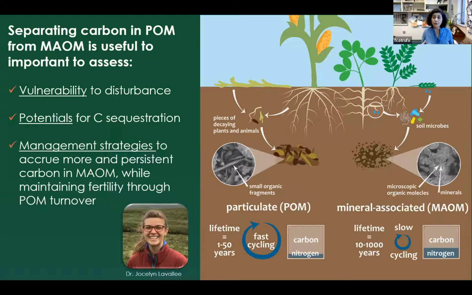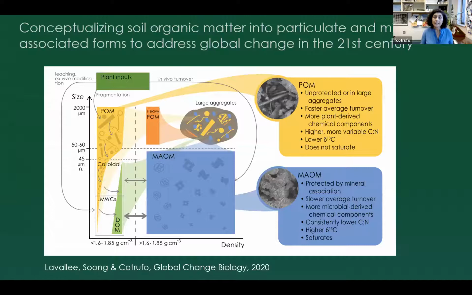While those fractions make sense conceptually, from a quantification standpoint, they end up being procedurally defined, and they can be defined by size or density. And there are a lot of different ways in which they can be separated.